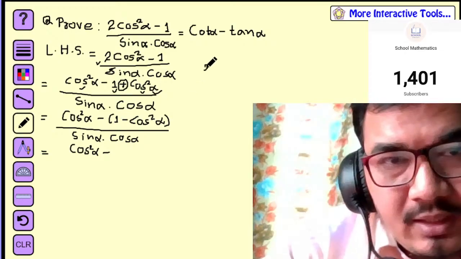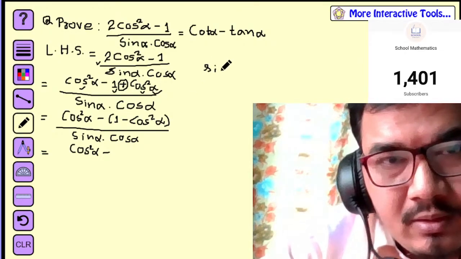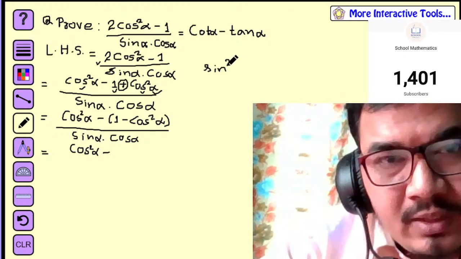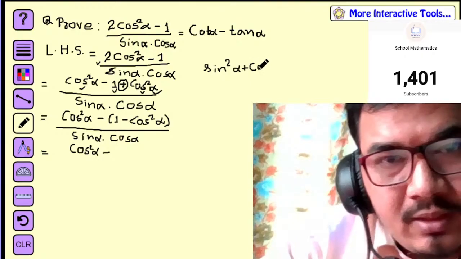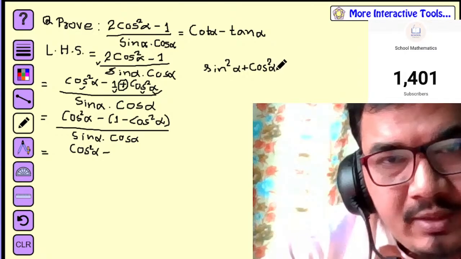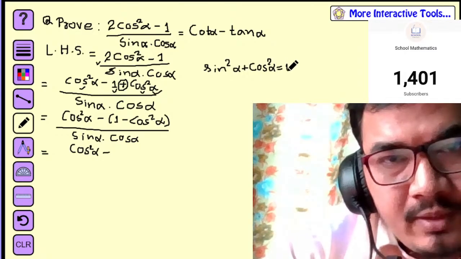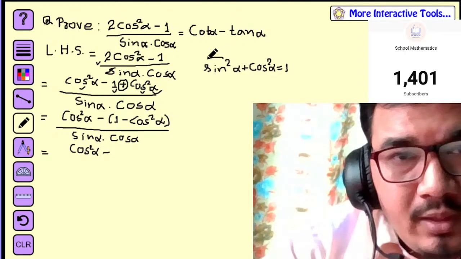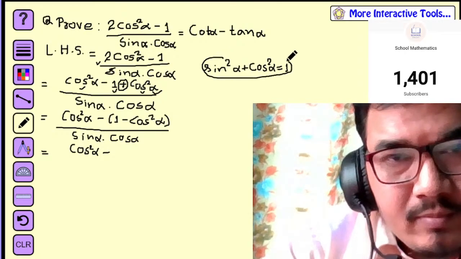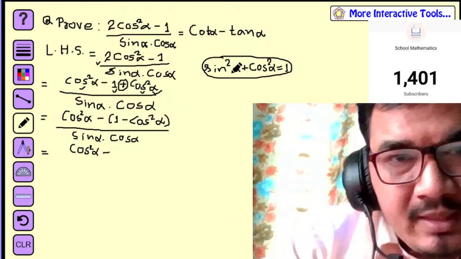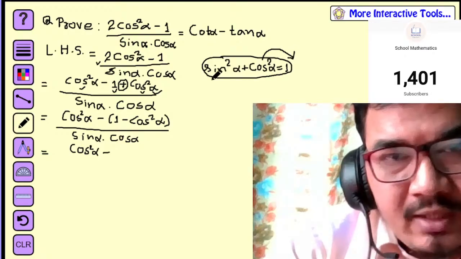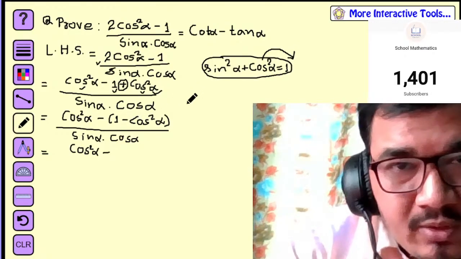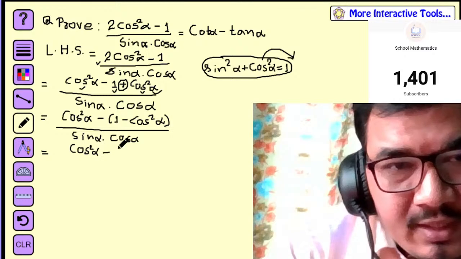As we know, sine square alpha plus cos square alpha, that you have learned in the Pythagoras relation, it was 1. Then when you take this cos square alpha on the right side, there will be minus, so in this place 1 minus cos square alpha we can write like this.